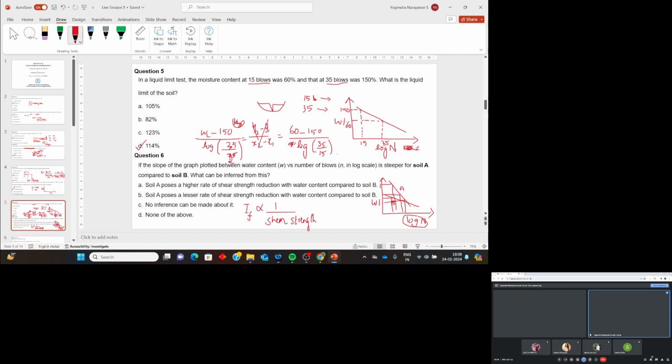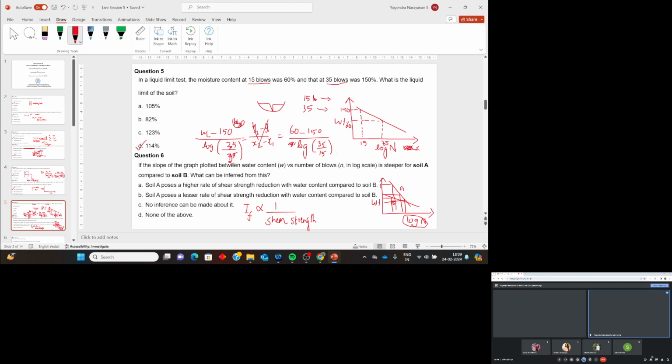When the slope is lesser, the interval of n between two water contents will be very high. So when water content changes from, for example, 60 to 40, the number of blows will change drastically, which means that the soil is losing its integrity and hence its shear strength.